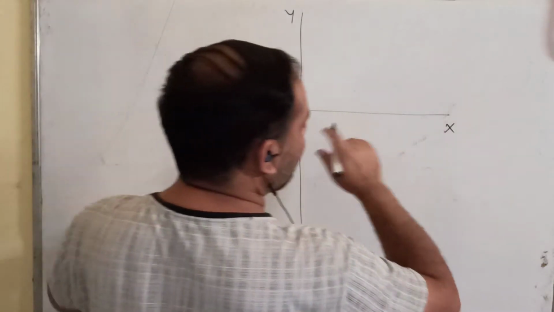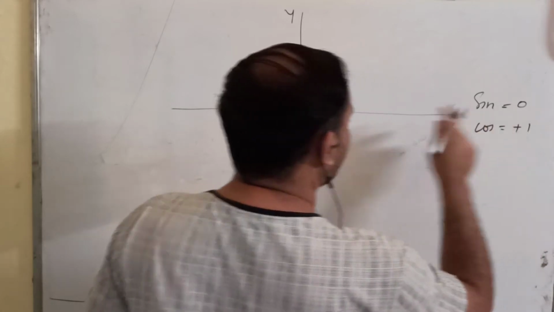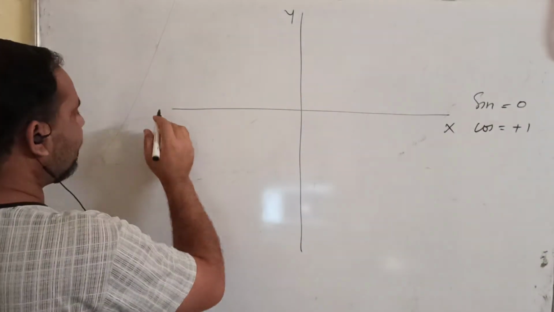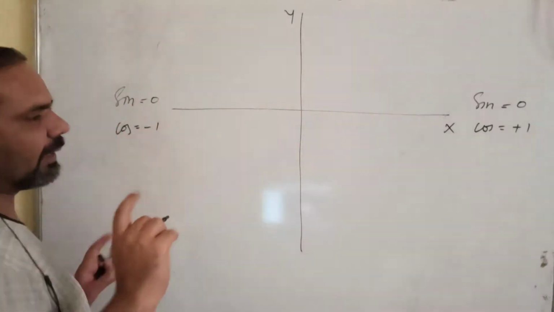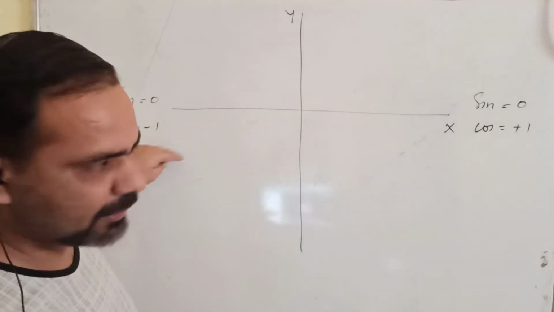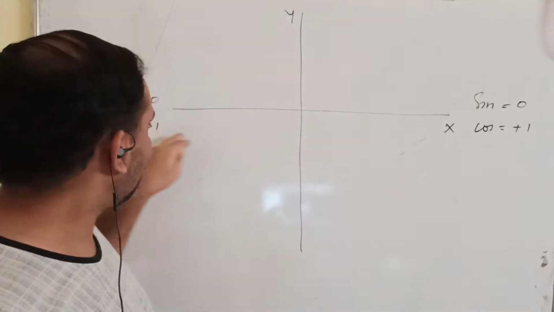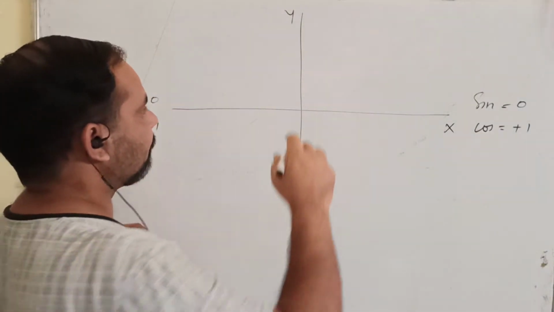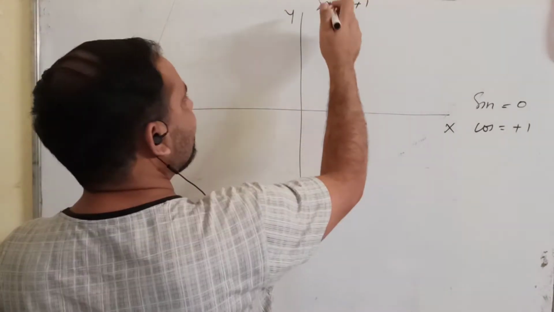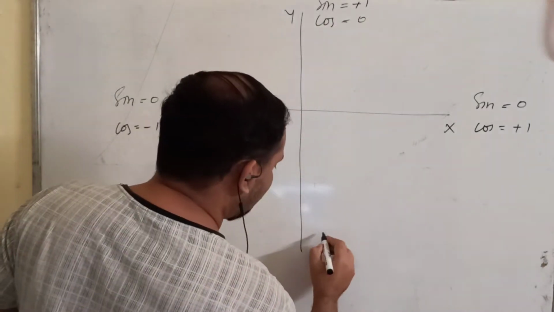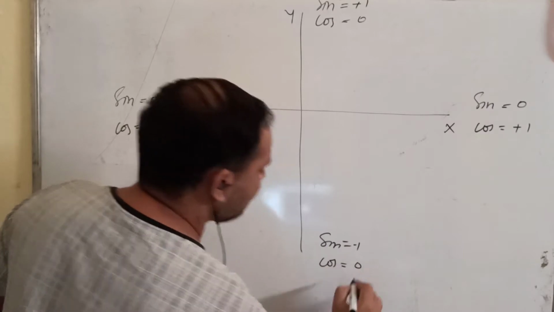So remember that on this horizontal axis, the value of sine is 0 and cos is plus 1 on the positive x side. On the negative x side, the value of sine is 0 and cos is minus 1. Now on the y-axis, the value of sine is plus 1 on the positive side and cos is 0, and sine is minus 1 on the negative side and cos is 0.